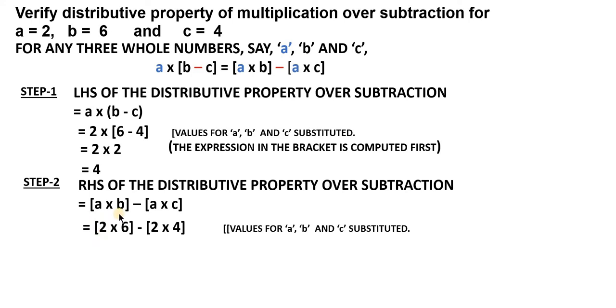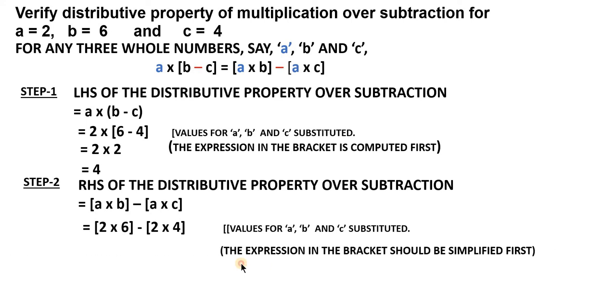For A we put 2, for B we put 6, and for C we put 4. So it is equal to 2 into 6 minus 2 into 4. Applying the BODMAS rule, we get 12 minus 8, since 2 sixes are 12 and 2 fours are 8. Again 12 minus 8 is equal to 4.